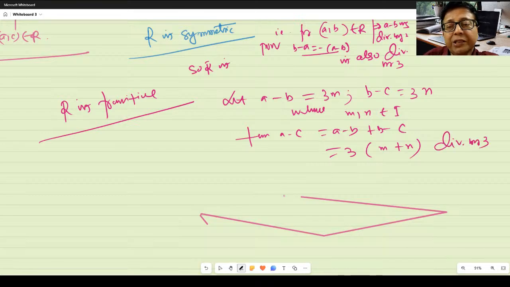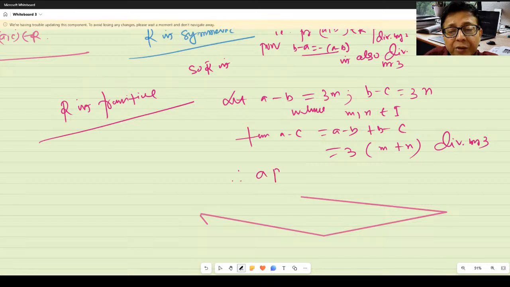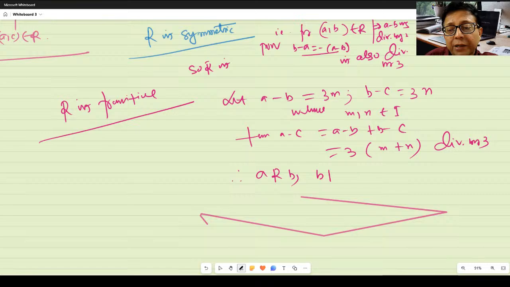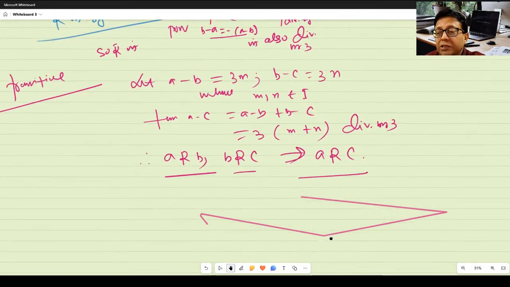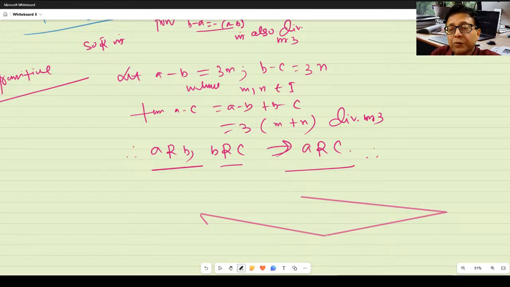This is divisible by 3. Therefore, we can write this way also: ARB, BRC, meaning A related to B and B related to C implies ARC. So, the relation is transitive. Therefore, R is transitive. Okay?